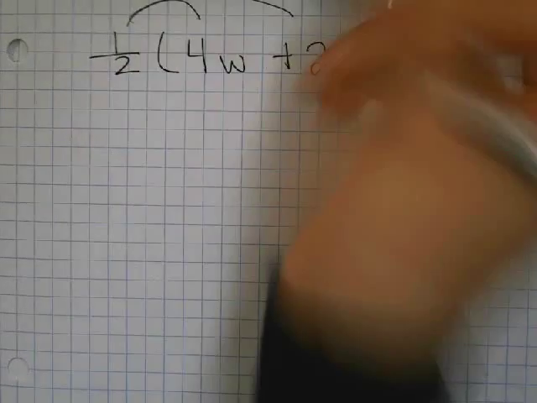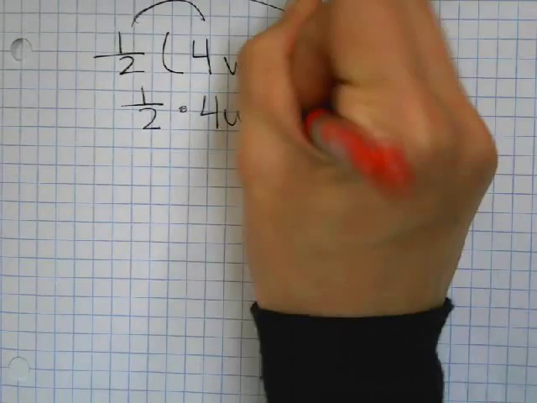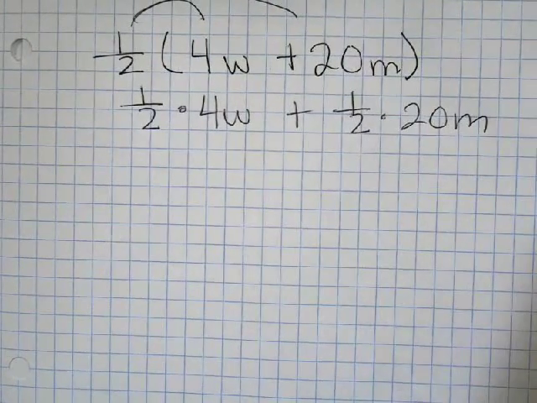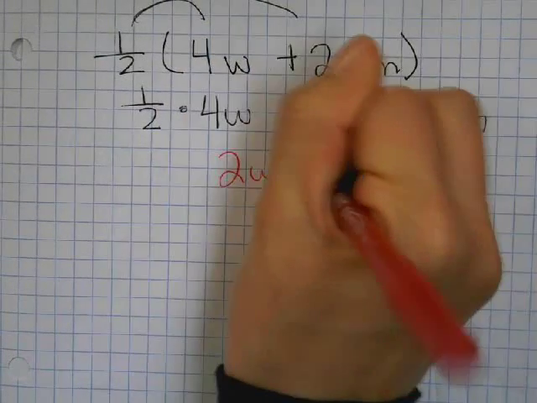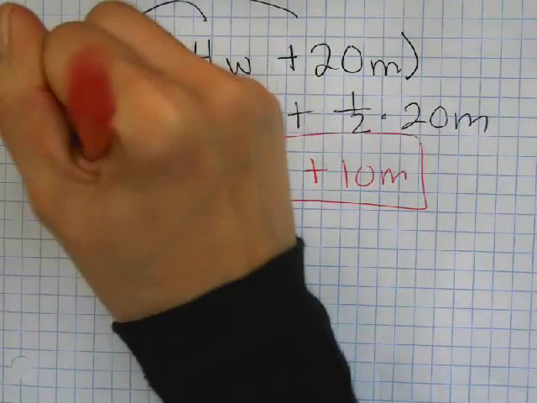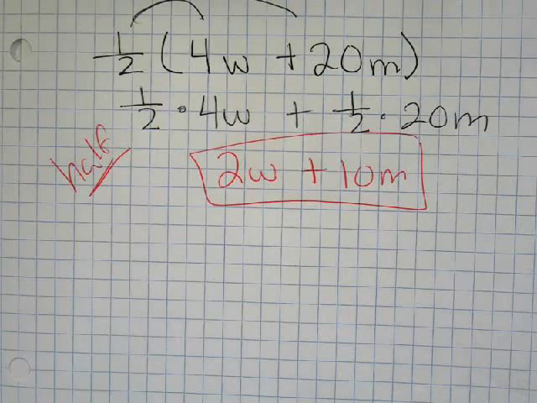So when I distribute 1/2 times 4w plus 1/2 times 20m. So 2w plus what? Good. Right? So you remember that it's half. Why is it half? Because the denominator is 2. So you're dividing by 2. Alright.